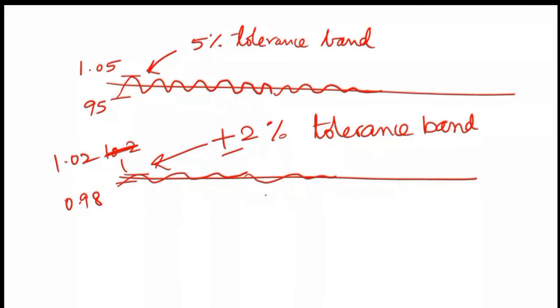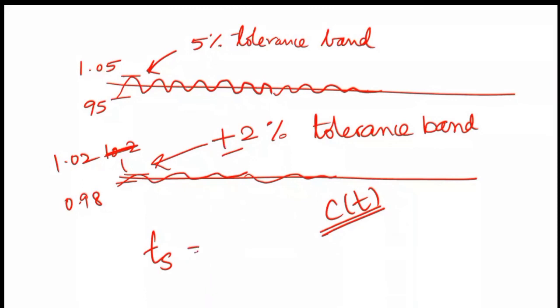So, as the time is increasing from 0 to infinity, the response c of t should settle down around its final value. So, if it is settling down in the 5% tolerance band, or within the 2% tolerance band, then the time at which it settles down is known as settling time.